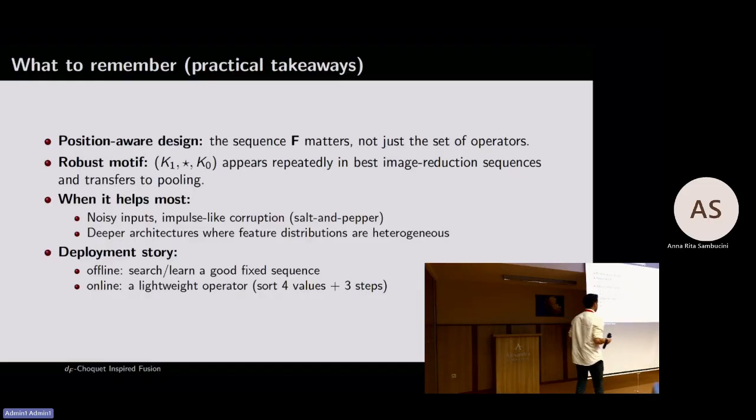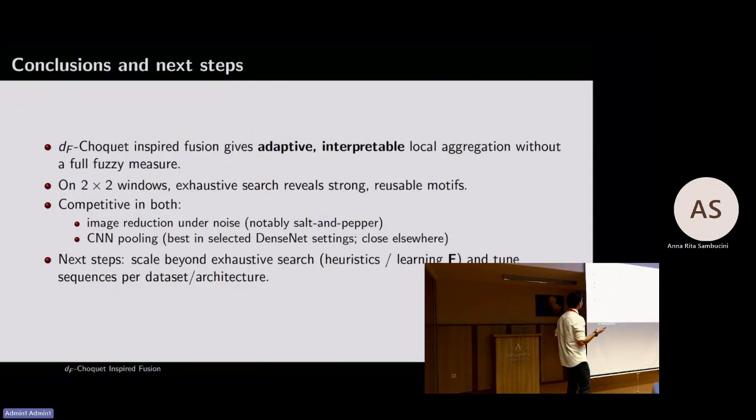And the deployment story is that we have an offline step, where we have to search for the best sequences, which is very expensive computationally. But in other cases, the online step is a lightweight operator, because what we have to do is only sort four values and compute three simple steps.